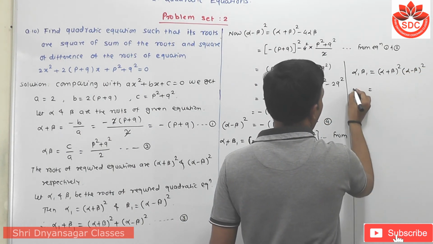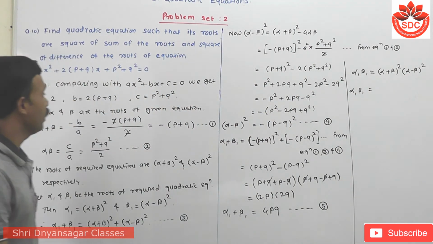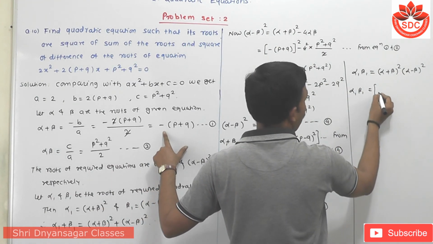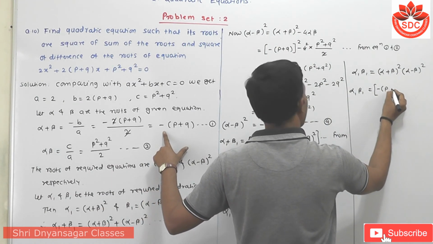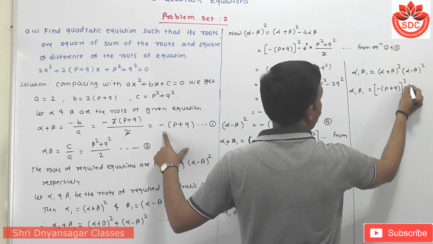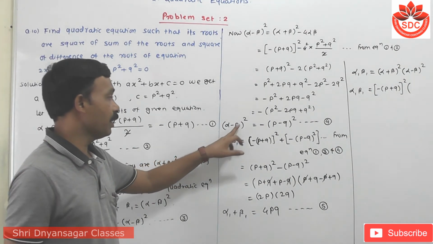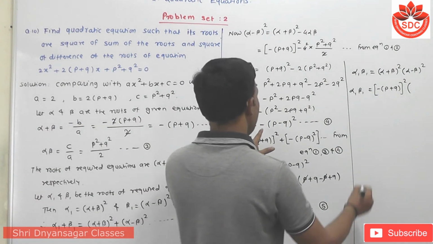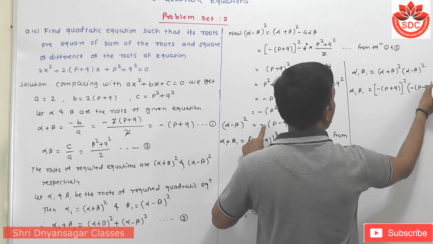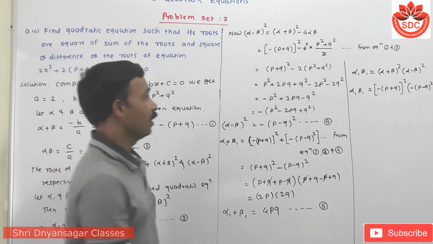Now student, again we have to substitute the value of (alpha plus beta) whole square, which is minus in bracket (p plus q) whole square, into directly substitute the value of (alpha minus beta) whole square. This one is minus in bracket (p minus q) whole square. Can you understand how to substitute here?